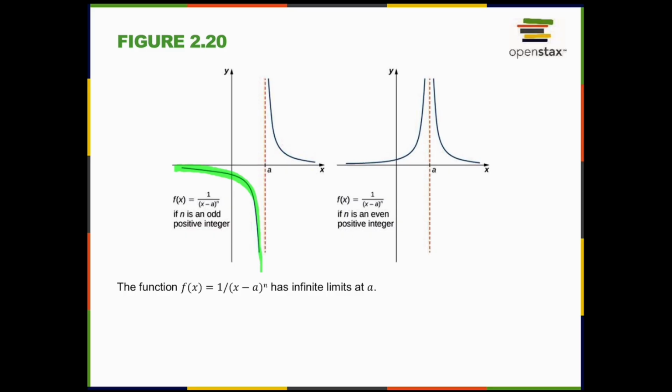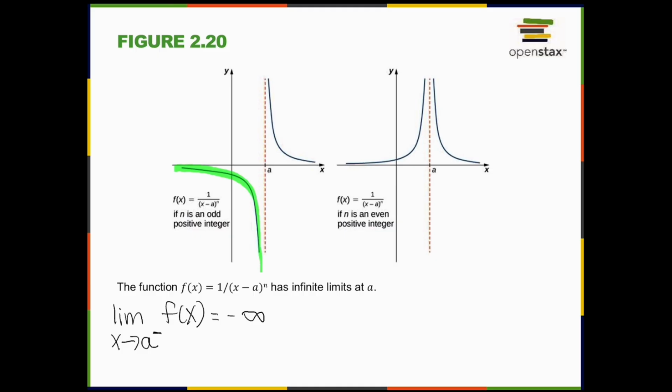So I would describe this vertical asymptote using a limit, saying the limit as x approaches the value of a coming from the left of the function f of x, I would describe as the behavior decreasing without bound, and I would label it with a negative infinity because we're decreasing. The limit doesn't exist because it's not approaching a specific value, but we can describe the behavior by labeling it with a negative infinity.